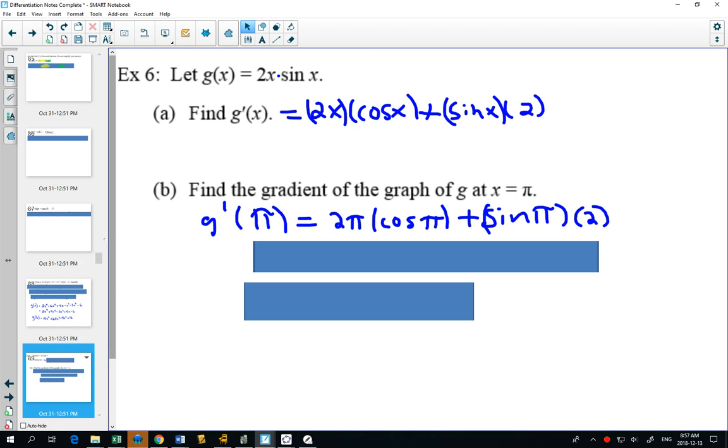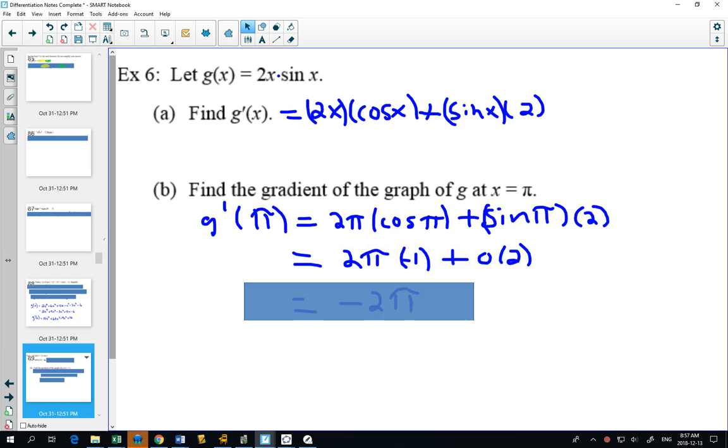I know it's been a while. How are your unit circle skills? Okay. Cos of pi? -1. Sine of pi? Excellent. And so the slope is just -2 pi.